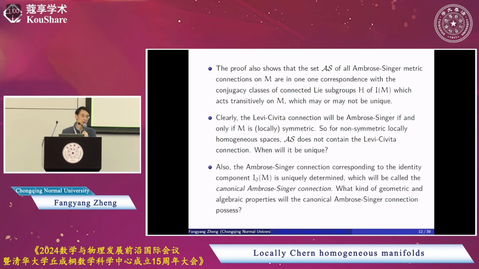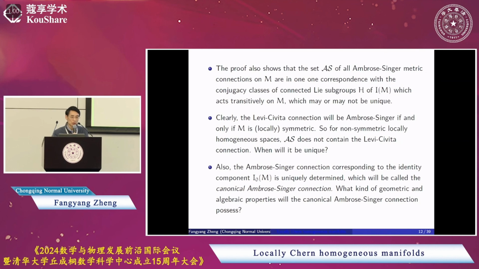Essentially, the problem is that when you have a homogeneous space, which means the isometry group acts transitively on the manifold, there might be a subgroup of the isometry group that already acts transitively, right? Each such group will correspond to an Ambrose-Singer connection, essentially, by their theorem.